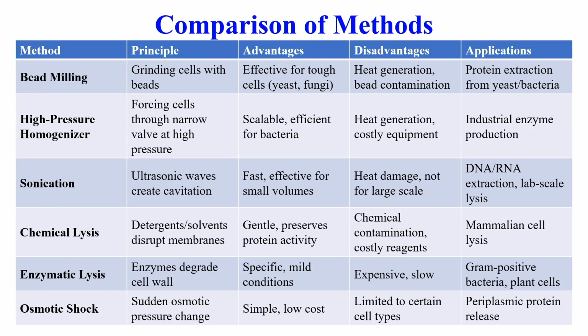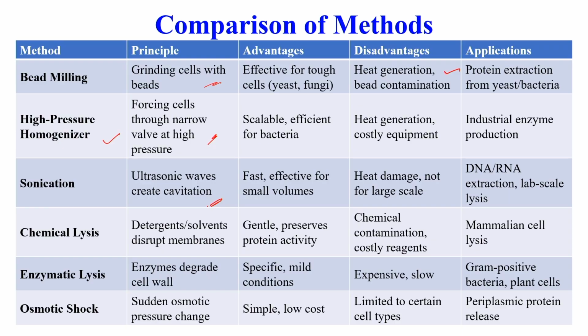So here is a comparison of different methods for cell disruption. Let us say bead milling: in this case, cells are ground with beads, but it has a disadvantage like heat generation. Similarly, the high pressure homogenizer forces cells through a narrow valve at high pressure.